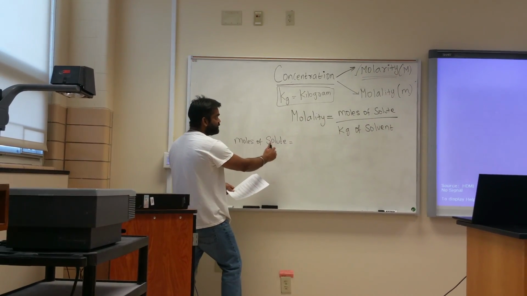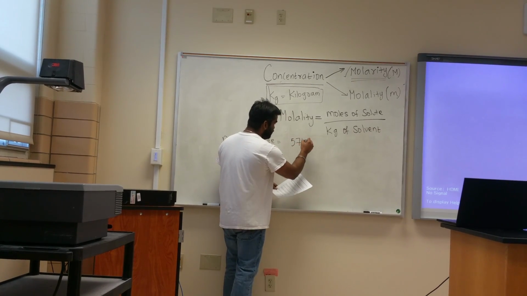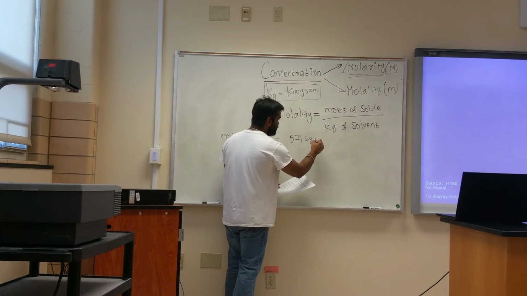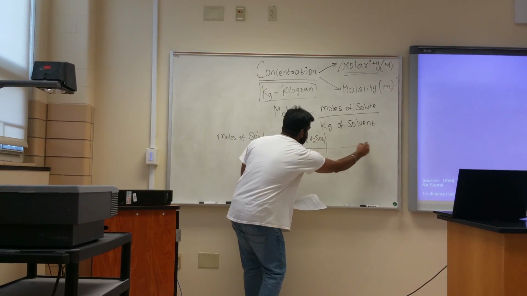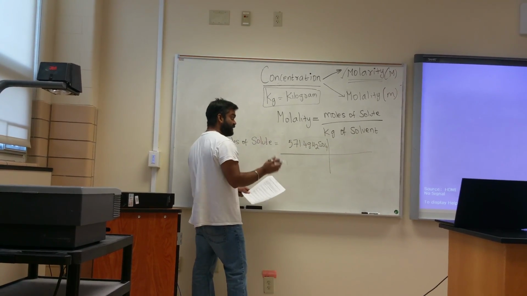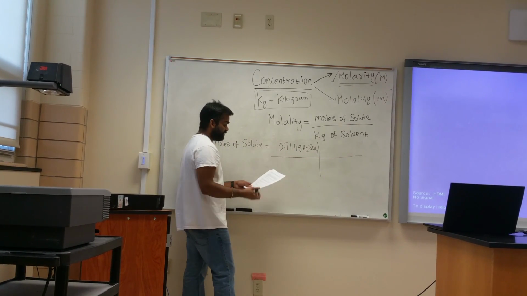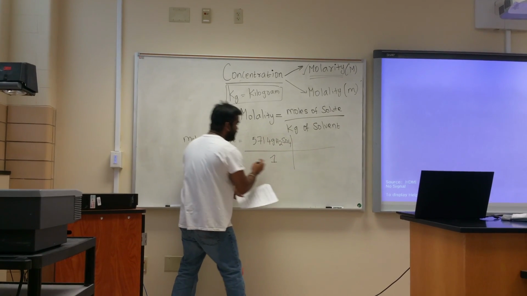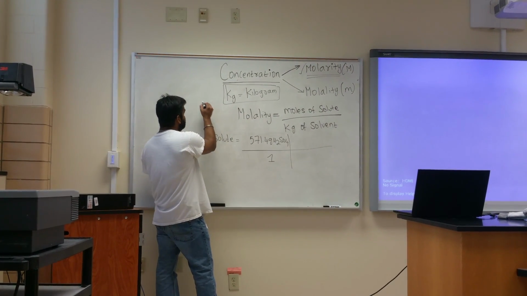So moles of solute is, well, we got 571.4 grams of H2SO4. That's the given information. As I said, solute is typically some value with a gram and the name of the compound. Sulfuric acid, I believe, is 98, if I'm not mistaken.